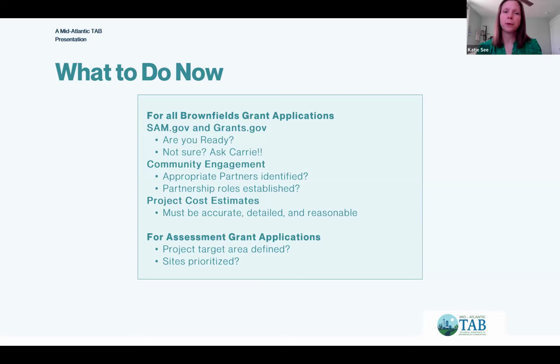Community engagement. Are the appropriate partners identified and are those roles established? So it's incredibly important to make sure that you are having meaningful community engagement. We're talking about things that take you beyond your basic planning commission or city council meeting. We're talking about ways to bring the community together so that they feel that their opinion does matter, because it does.